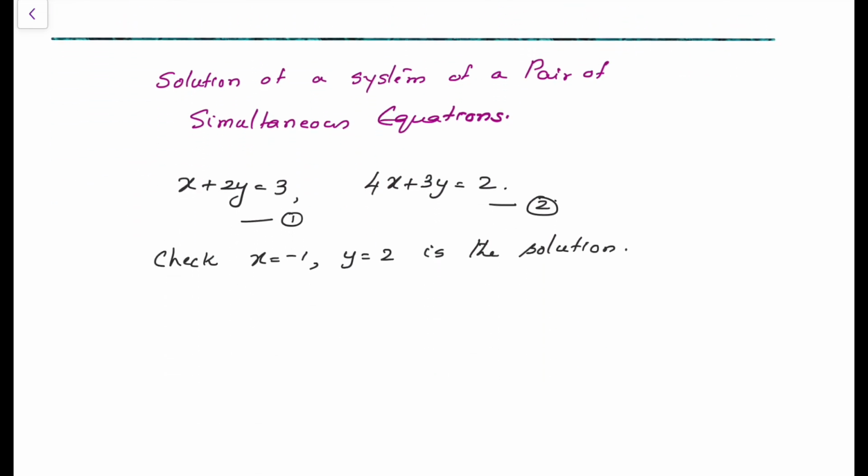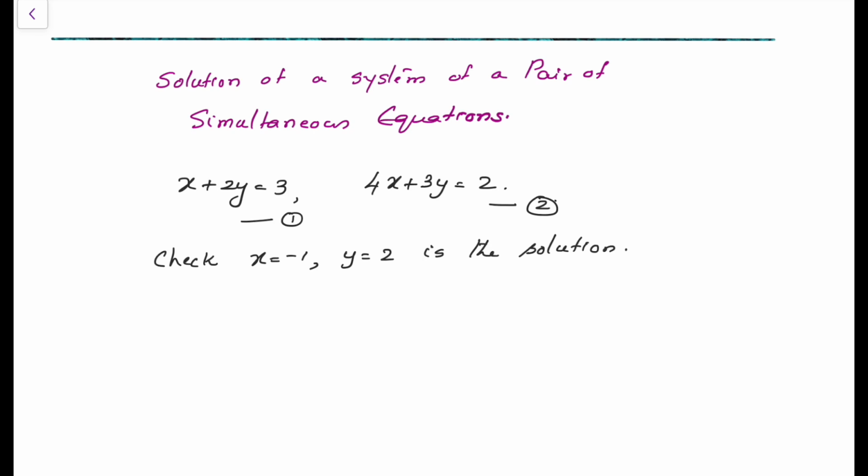Now coming to solution of a system of pair of simultaneous equations. So now we are going to do the simultaneous, that is two equations. So we are going to solve the two equations. So suppose the equation of the lines are x plus 2y equal to 3 and 4x plus 3y equal to 2. There are two lines. So the lines will either intersect or it will not intersect.